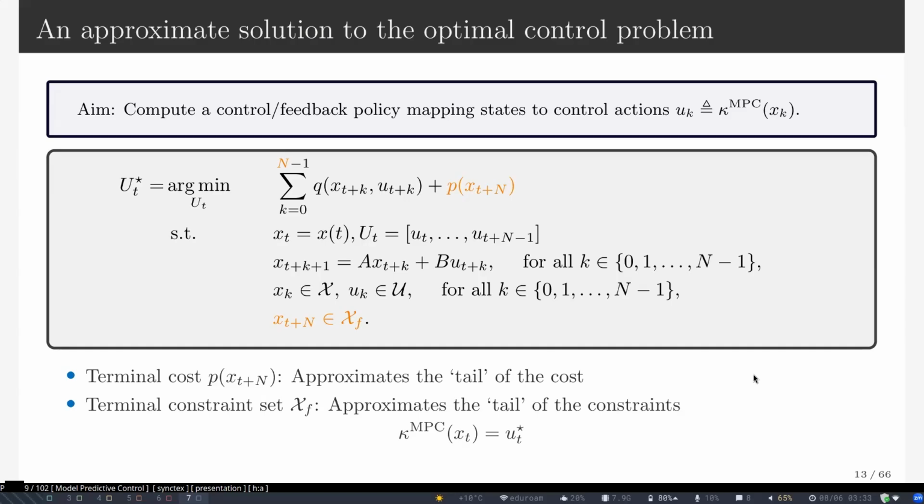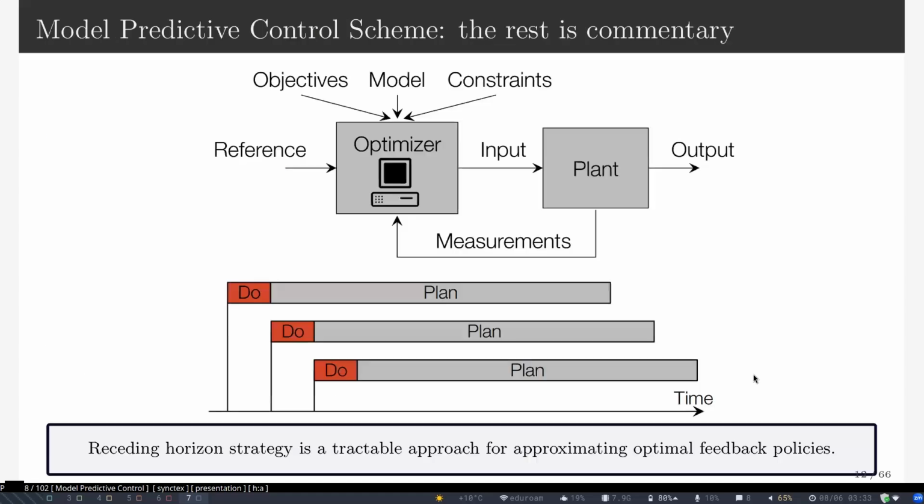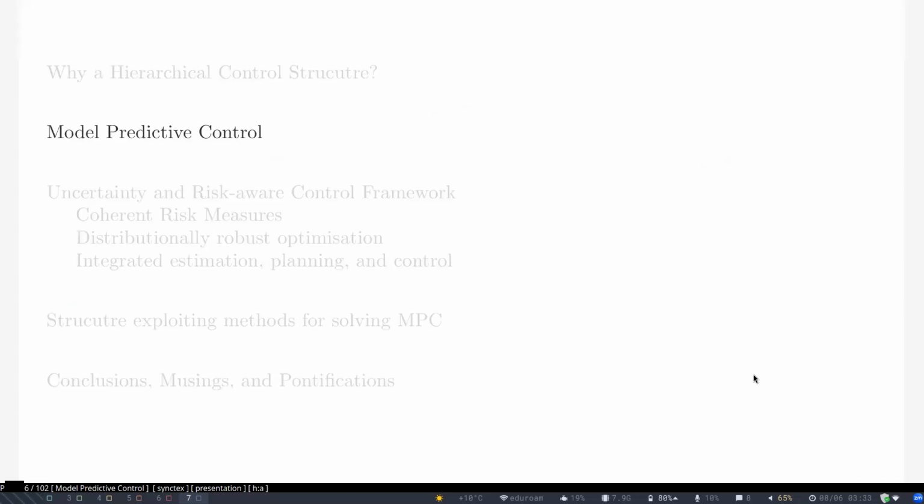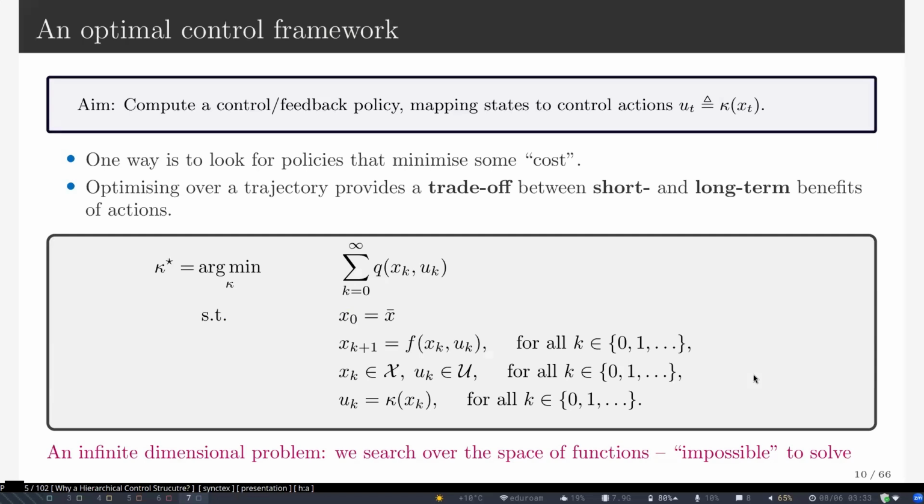So what is the fundamental thing that has changed between this problem and the previous one? Think about the decision variable. Okay, let's go back here. How many decision variables do we have here?